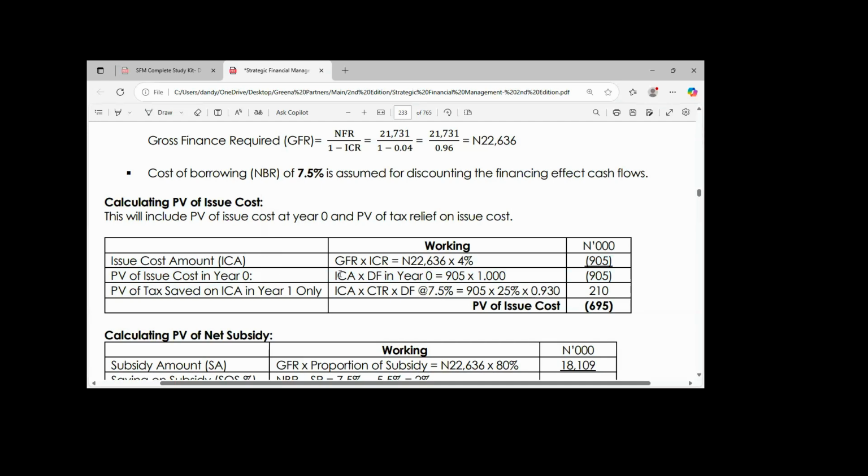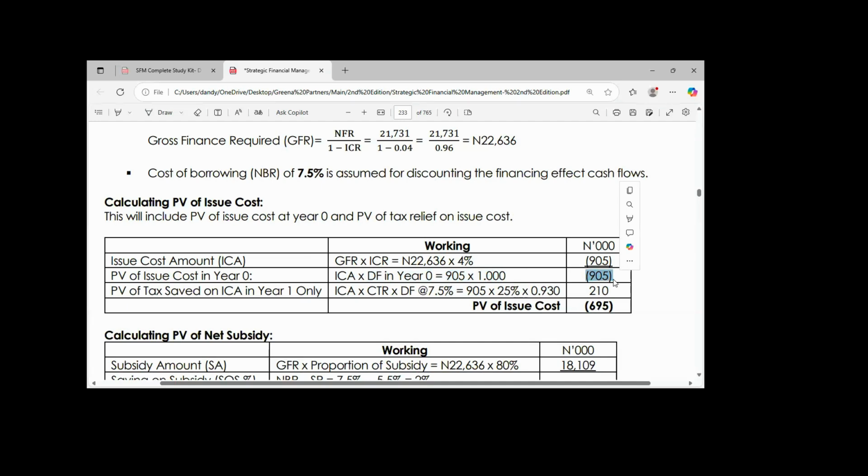Therefore, the issue cost amount on debt is 905 multiplied by the discount factor in year 0 at 7.5%. The discount factor at year 0 is usually 1. 905 multiplied by 1 gives us 905. Therefore, the present value of the issue cost amount in year 0 is negative 905.